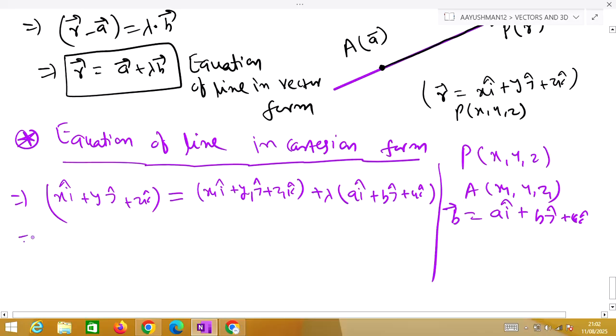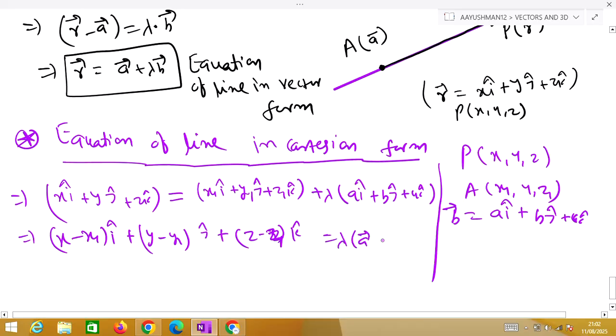Now if we transfer this side, this will be (x minus x1) into i plus (y minus y1) into j plus (z minus z1) into k is equal to lambda times (ai plus bj plus ck).